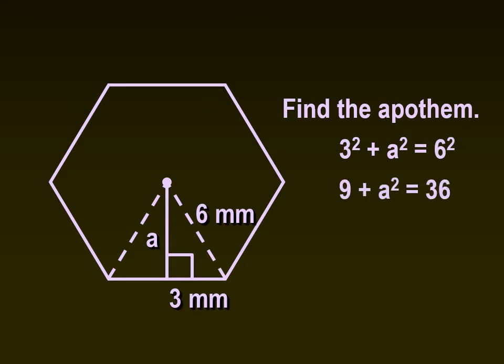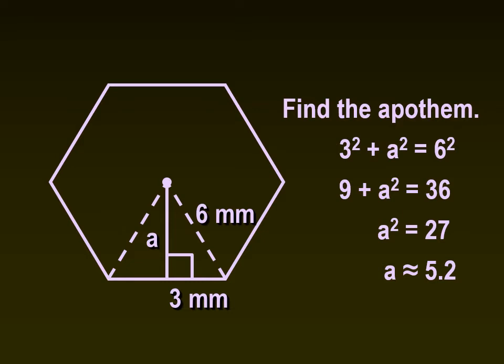Let's go ahead and just find the apothem. So 3 squared plus a squared, and remember a is going to be our apothem, is equal to 6 squared. So solving for a, we get the square root of 27, which is approximately 5.2.